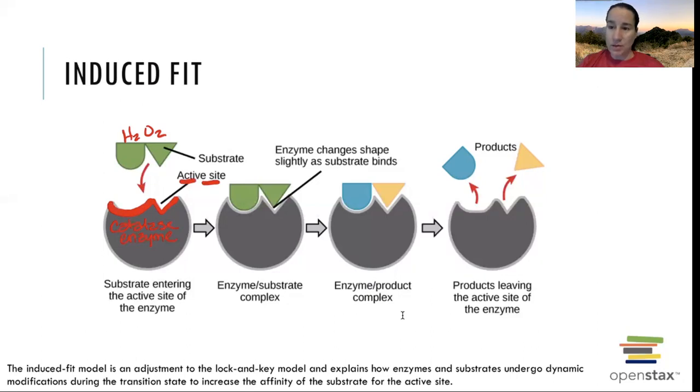When it does, it's called the induced fit because it changes the shape. We had a little triangle shape, but now we've got a kind of prettier semicircle here on the active site. So the enzyme changes a little bit, so it's not perfectly lock and key. They kind of change and modify each other as they fit in there.